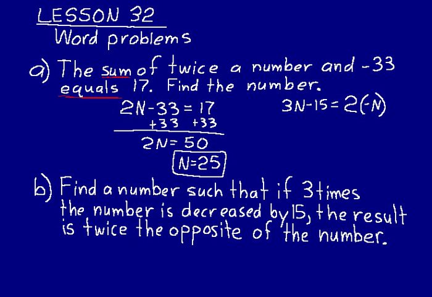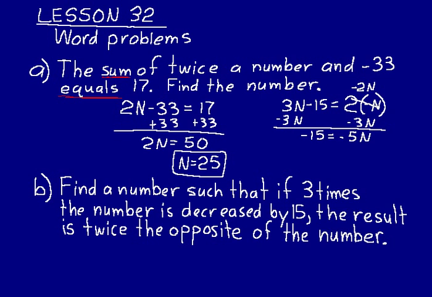Now we know on the right there, 2 times minus n, that's the same thing as saying negative 2n. So I'm just going to cancel that and write a negative 2n above it. And we want to get the variables all on one side, so let's add a negative 3n to both sides. And so now I'll have negative 15 is equal to negative 5n.